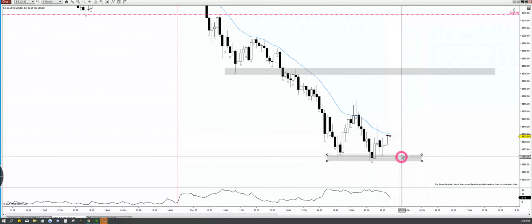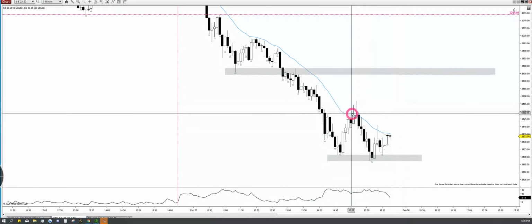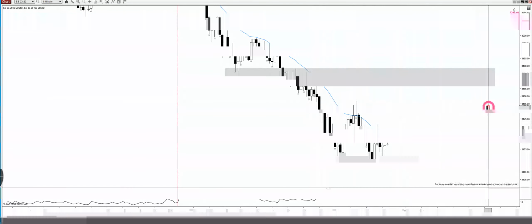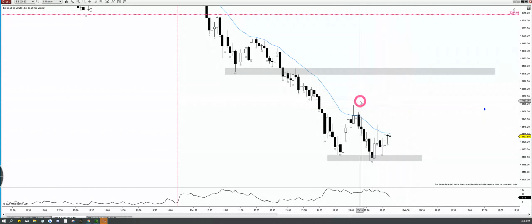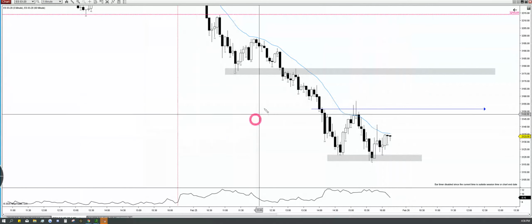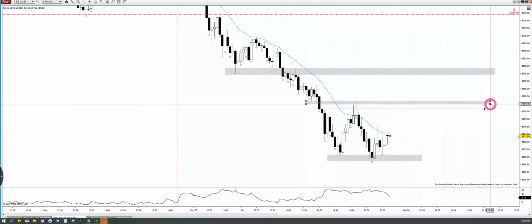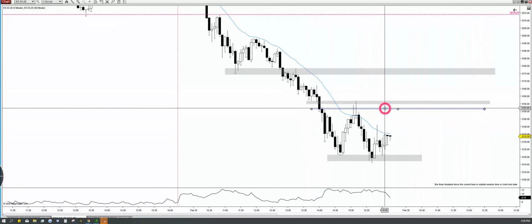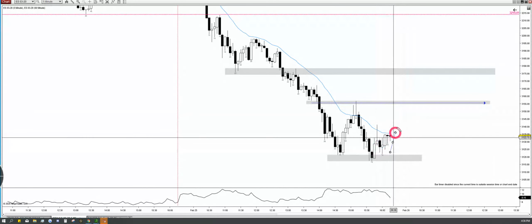But if it gives it to you, all right, what it's going to do, first it's going to test right here. That's the first target right there. Then you have another SR flip line here, okay, something like that. Or just make that as your target. So this will be your target, first target to go up, okay?